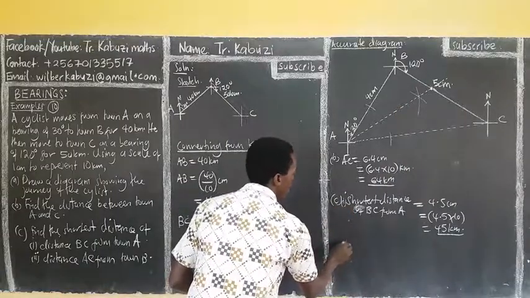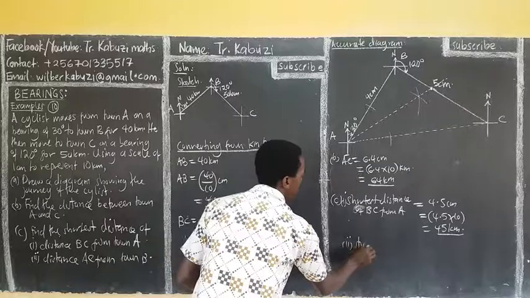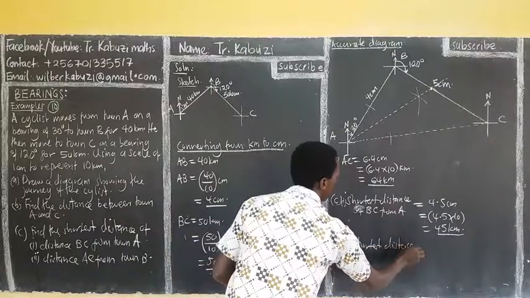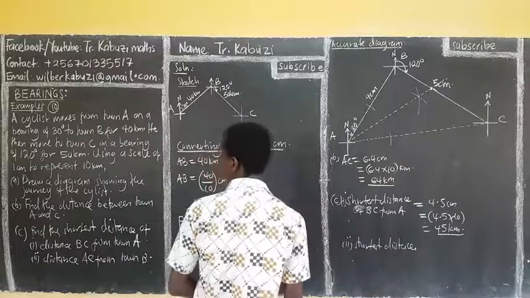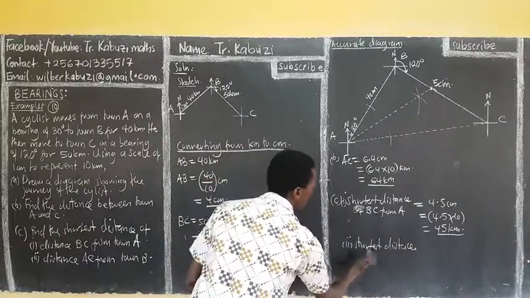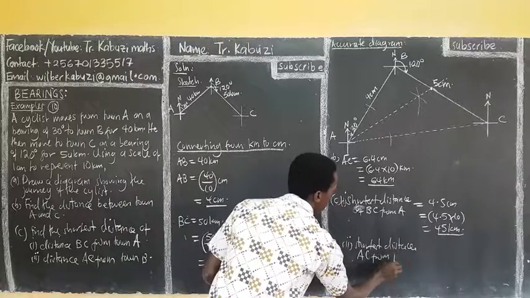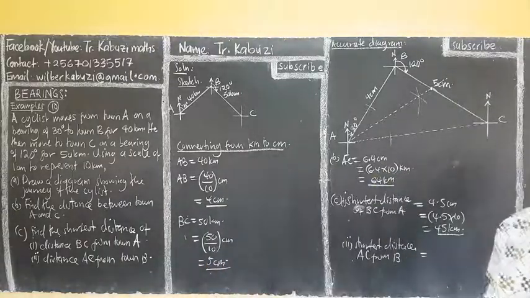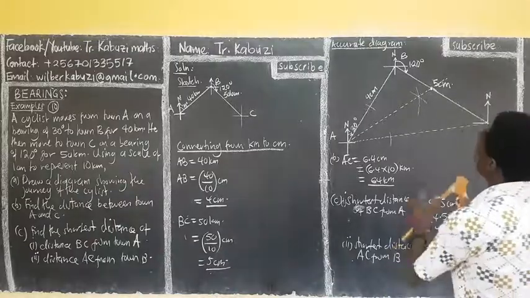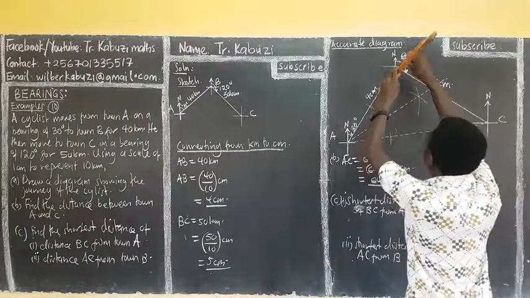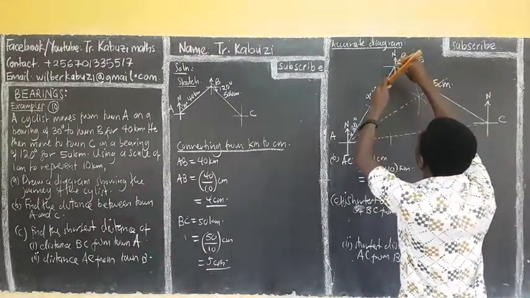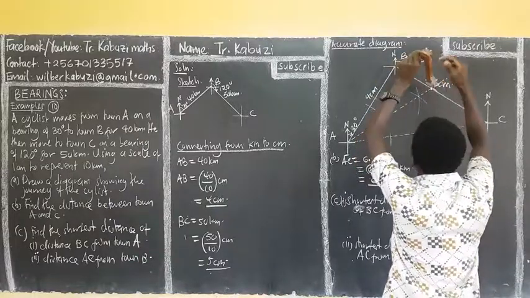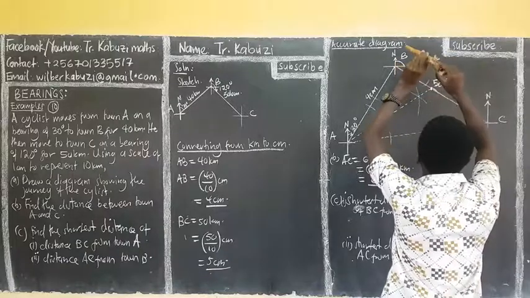Then here, my shortest distance of AC from B. Now still you get your compass and put it at B. So you're starting from B this time around. You draw an arc here, then you come and draw another arc there.